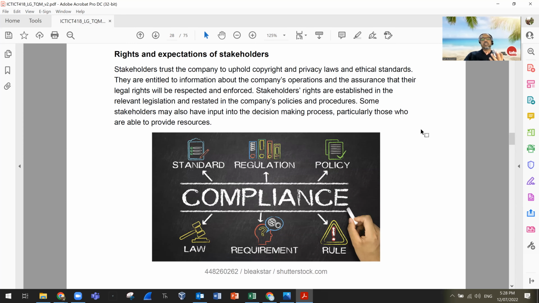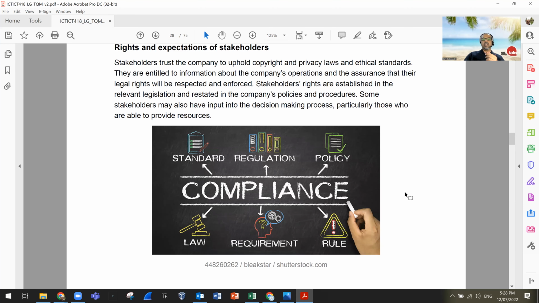Rights and expectations of stakeholders. You see here in this photo, for example in TAFE, we are compliant with rules and regulations of the state of Queensland. So we have some standards there, some regulations, some policies, some rules, some requirements, some laws and regulations.